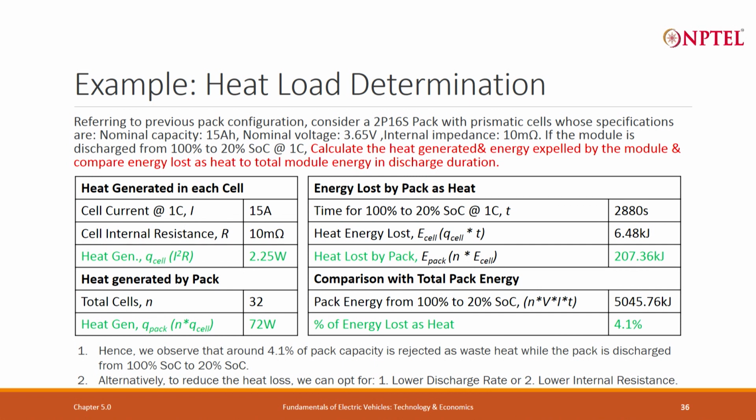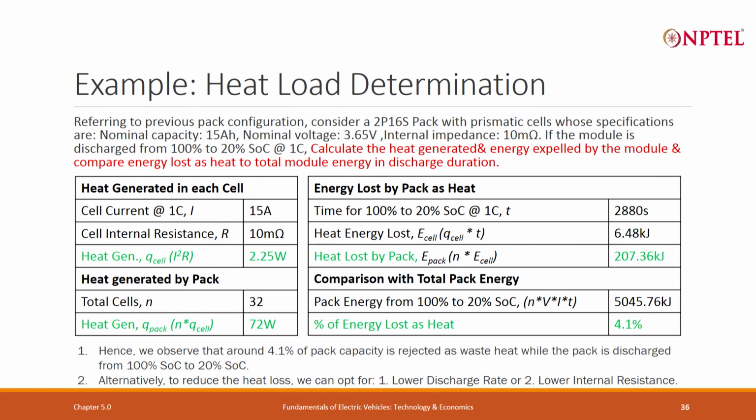If we reduce the C rate by half, let us suppose 0.5 C, what will happen? Our heat loss would be reduced by 1/4, because it is a function of I square. R remains the same, we cannot change R because it is the property of the cell, but I we can always control. So, if we make a battery pack for lower charge or discharge, our heat generation would be less. So, we will lose much less energy.